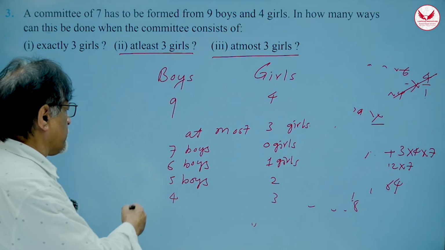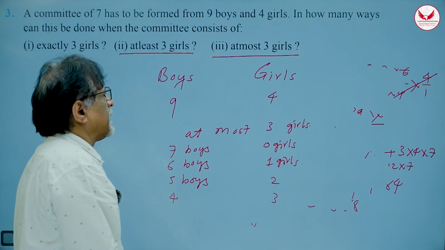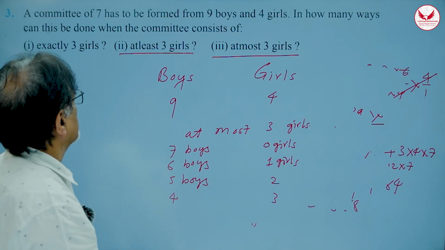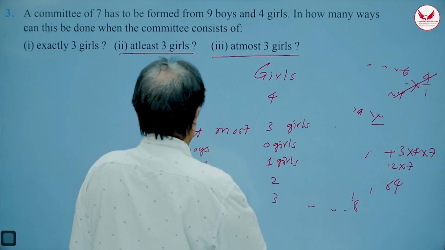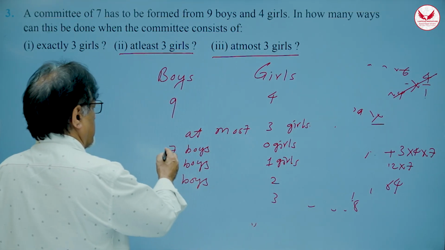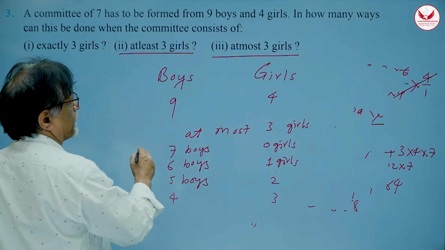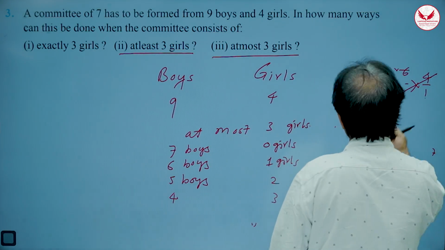Okay. So this is one way of calculation. But at the most 3 girls, so which means the problem can be solved in these many ways. Okay. So first answer is what?